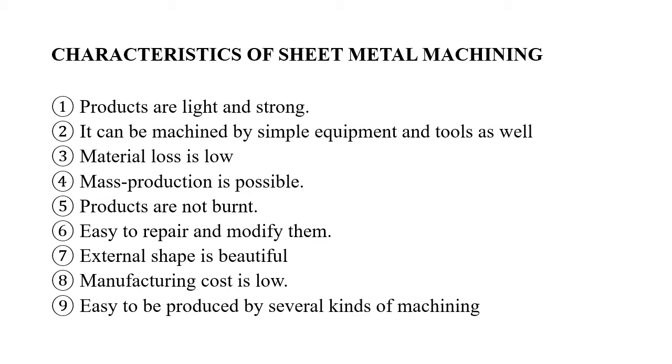The products are light and strong, which means that when we make a product in sheet metal, it will not be too heavy. Material loss is low when we produce something in sheet metal.